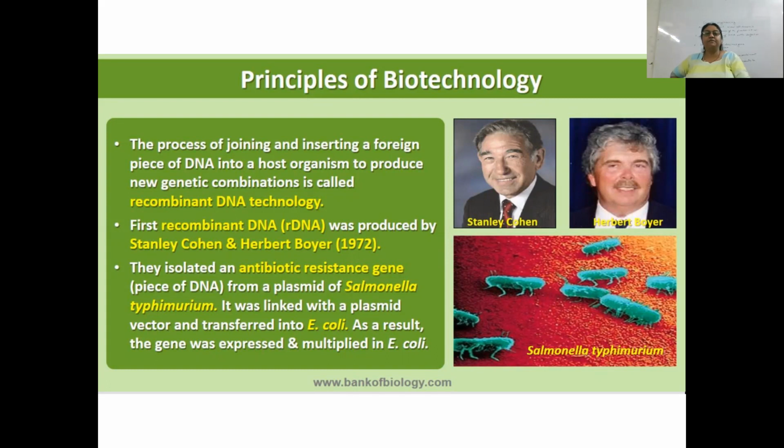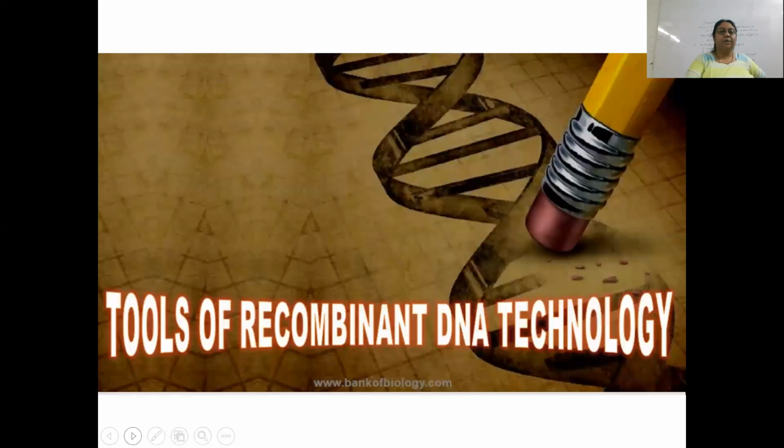So a gene from Salmonella typhimurium was isolated and inserted into E. coli to make it antibiotic resistant, same as Salmonella typhimurium. This is something great that was done, and it was successful up to a very high level.